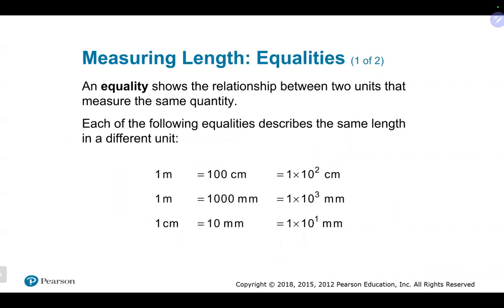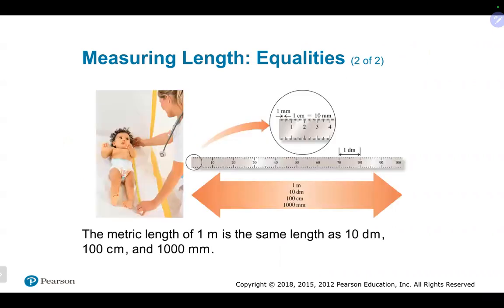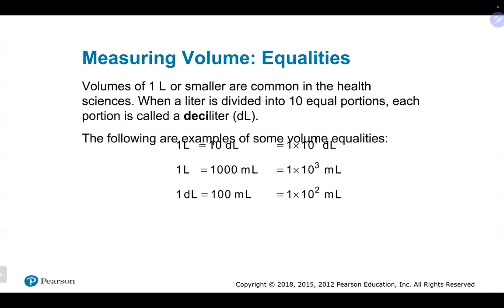All right. So here again is some of our length equalities. And from any of these, we can write 2 conversion factors that we could use in calculations. Here's some very common volume ones. 1 liter is 1,000 milliliters. That is something that we use a lot, and something you really should know.